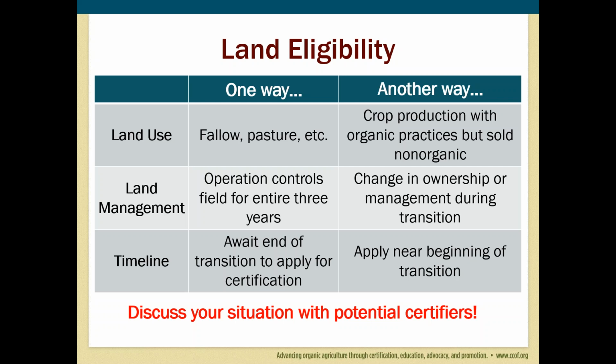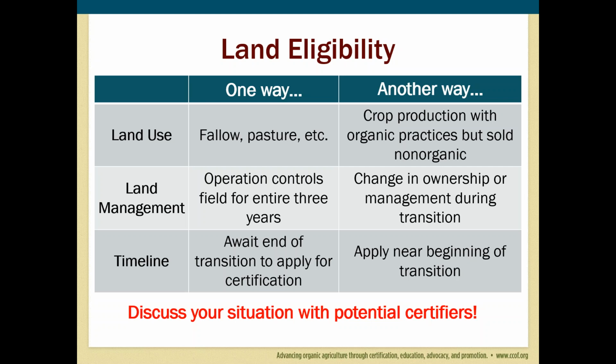And in this table, we're looking at 3 common factors that farms are considering in terms of how they manage this 3-year transition period. And the point here is that there's a number of different ways you could go about it.